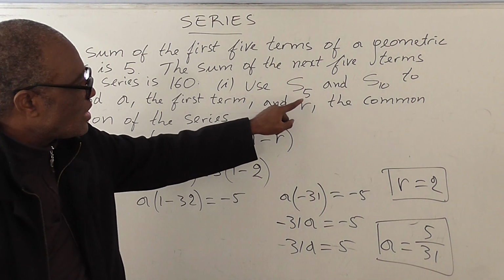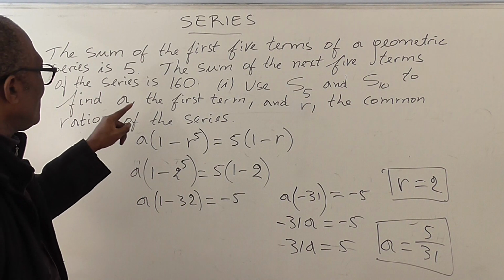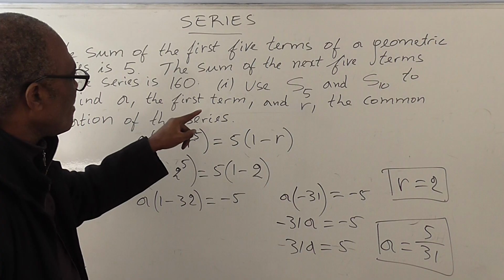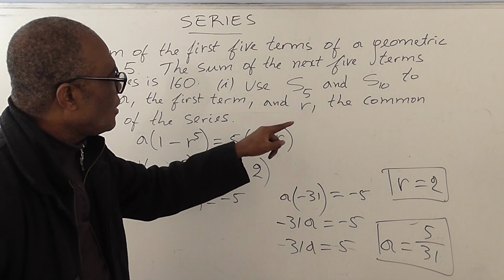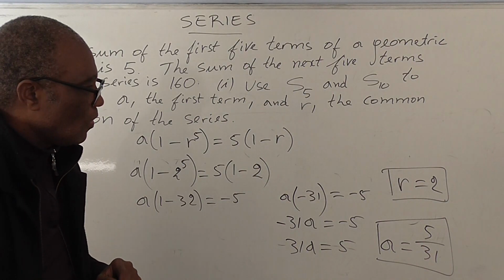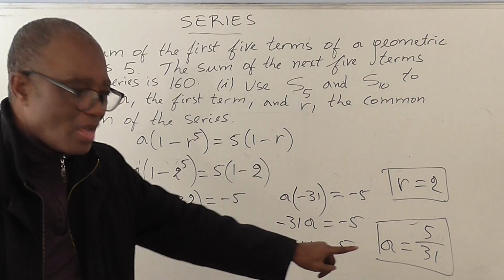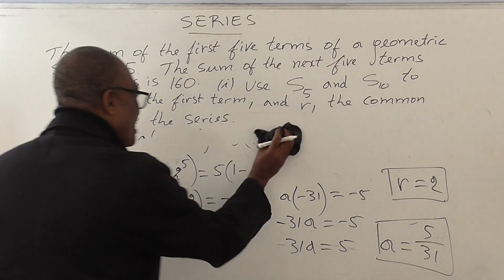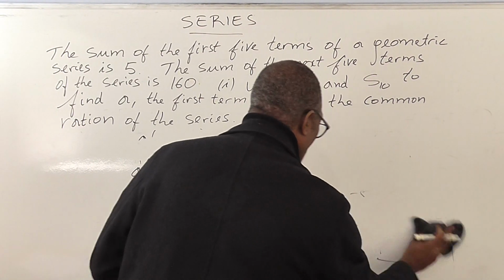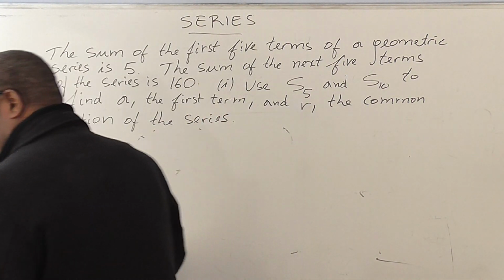Use S5 and S10 to find A, the first term, and R, the common ratio of the series. Okay? We have this, A and R. We have them. Now, the next part of the question, I'm going to put on the board.